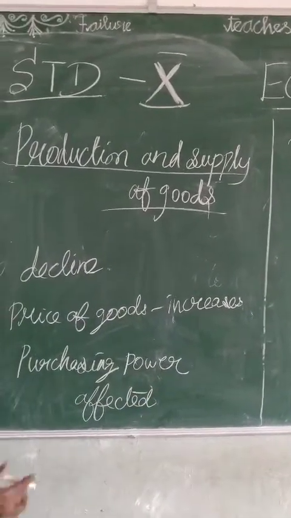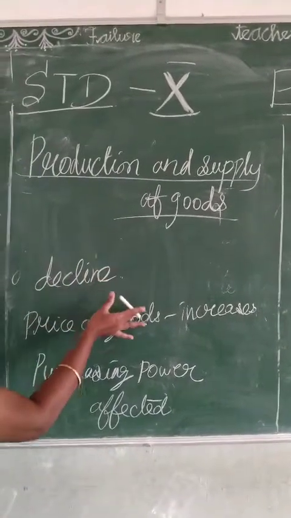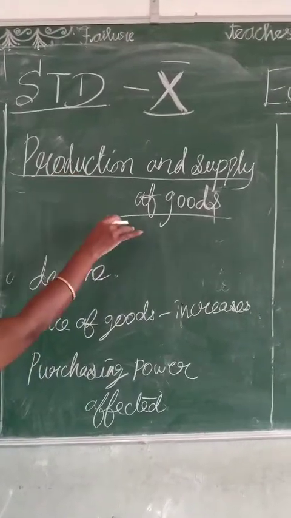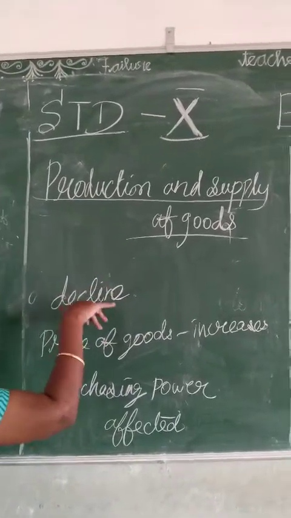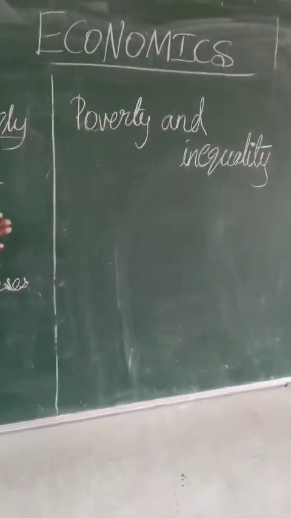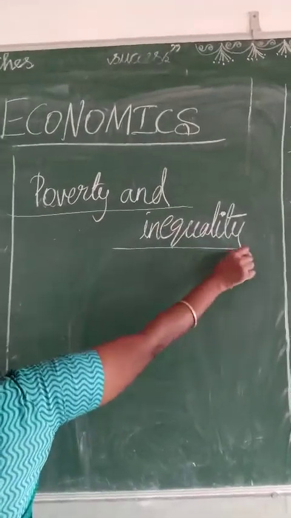Students, listen carefully. When the production and supply of goods decline, the price of goods increases, then the purchasing power is affected. Next, we are going to learn poverty and inequality.